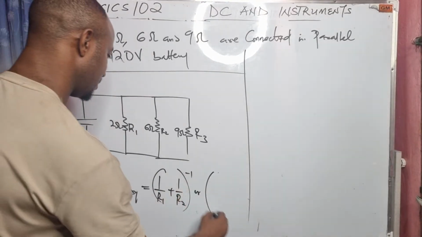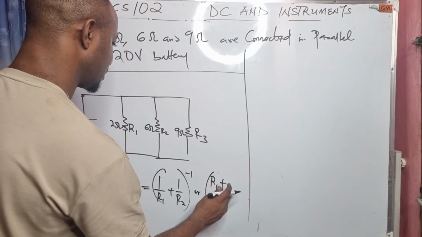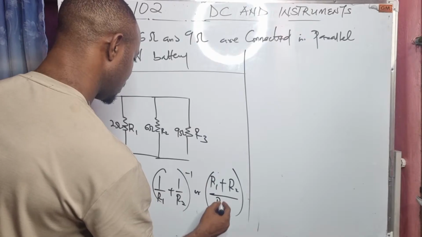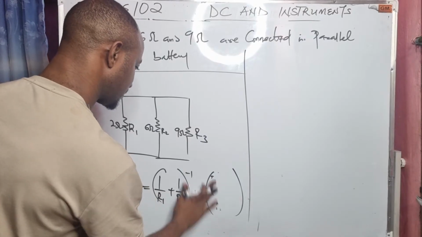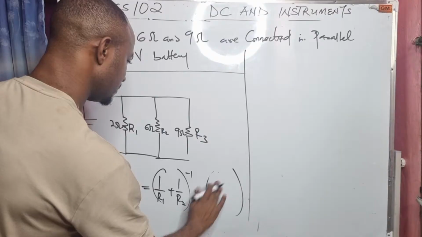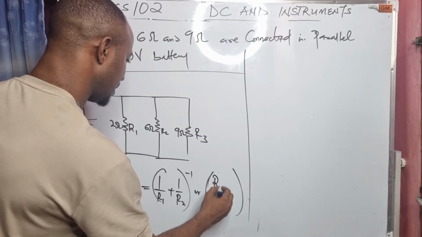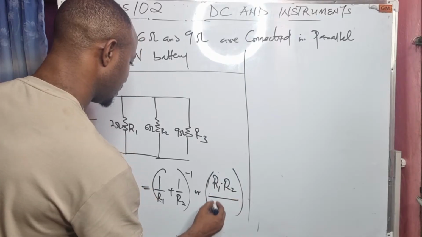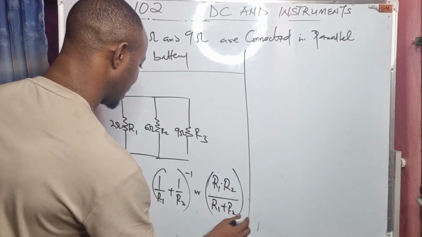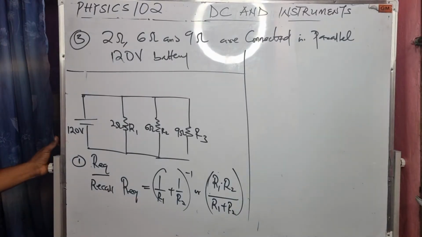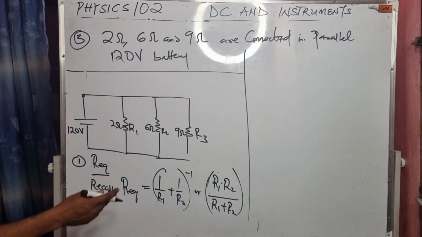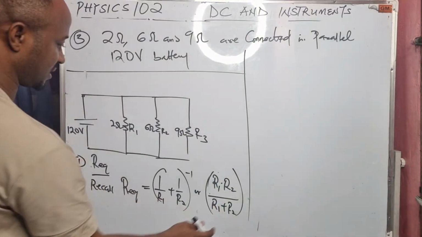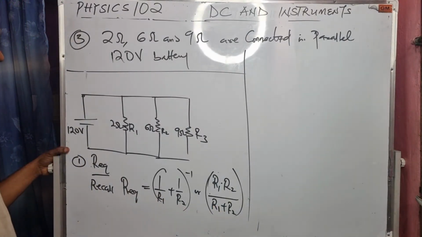Or we can say R1 times R2 divided by R1 plus R2. So any of these formulas can also go. Okay? From here we got this. Is that clear? So let's solve.